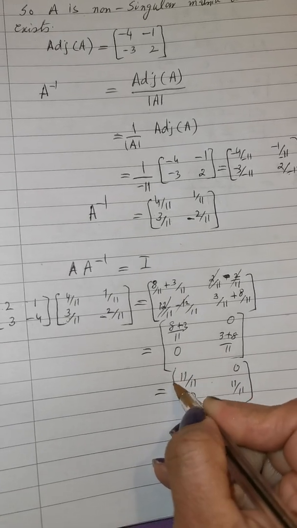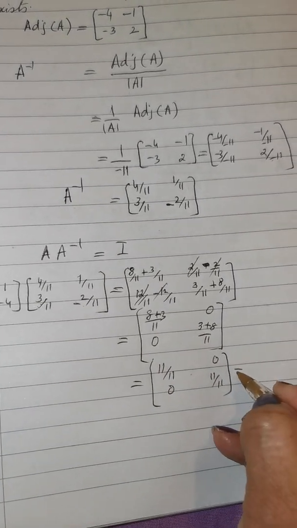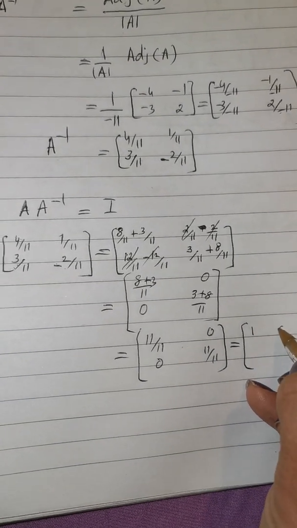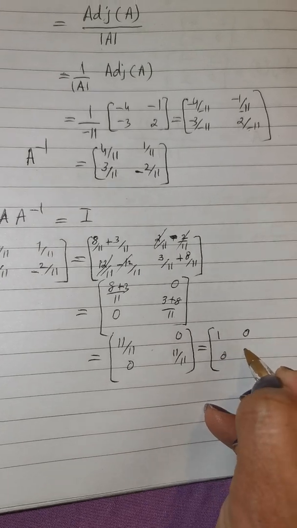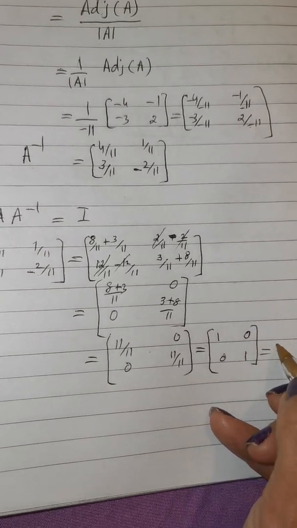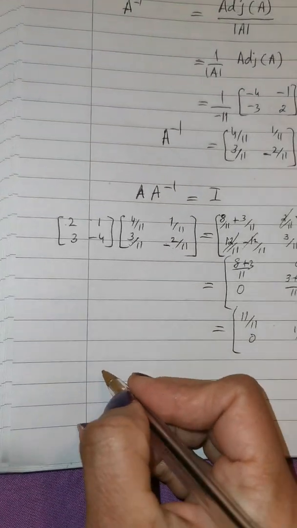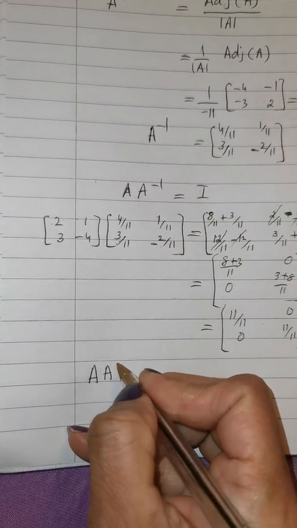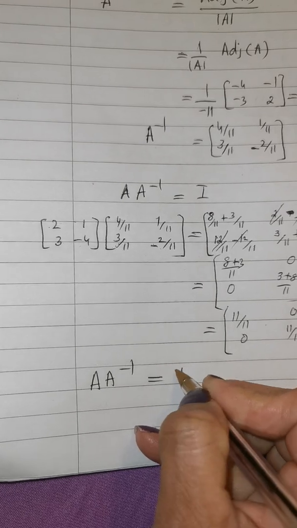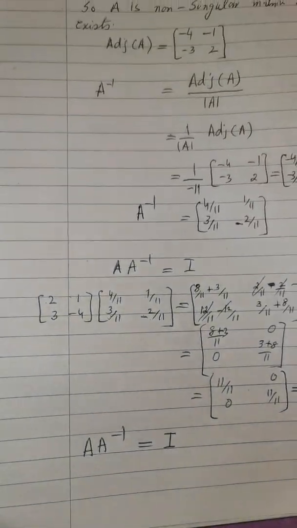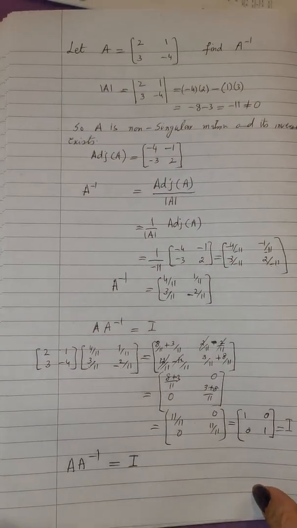A small mistake of any sign will lead you to a wrong answer, so please be very careful with your signs. So this is equal to the identity matrix, right? So A multiplied by A inverse will be the identity matrix, and it shows that our A inverse is correct.